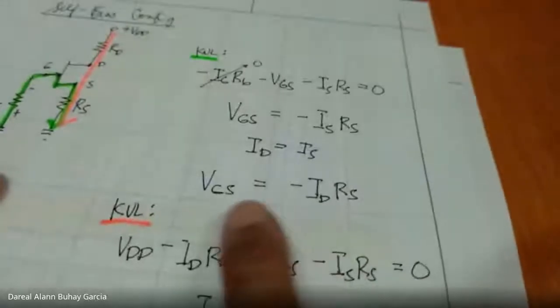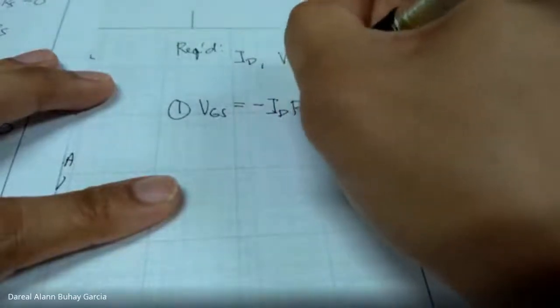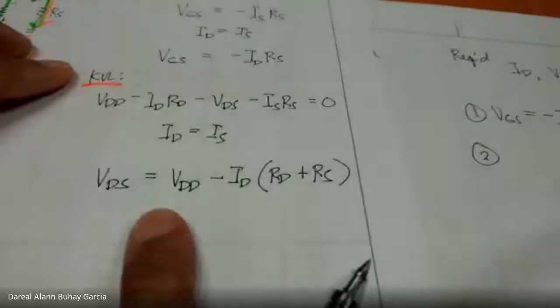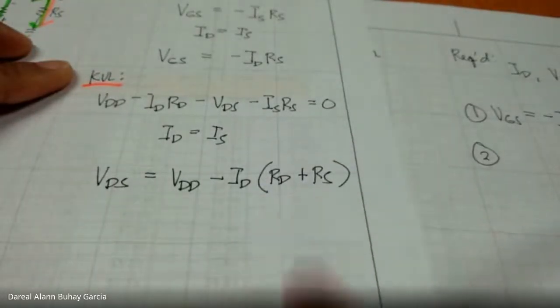Based on what we derived earlier, VGS is negative IDRS, and VDS is VDD minus ID times (RD plus RS).